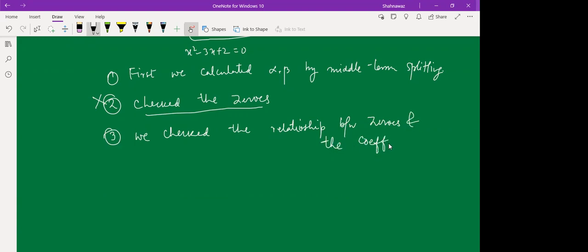So your whole chapter 2 is about these 3 points. Understood? The whole chapter. So let's do the questions now.